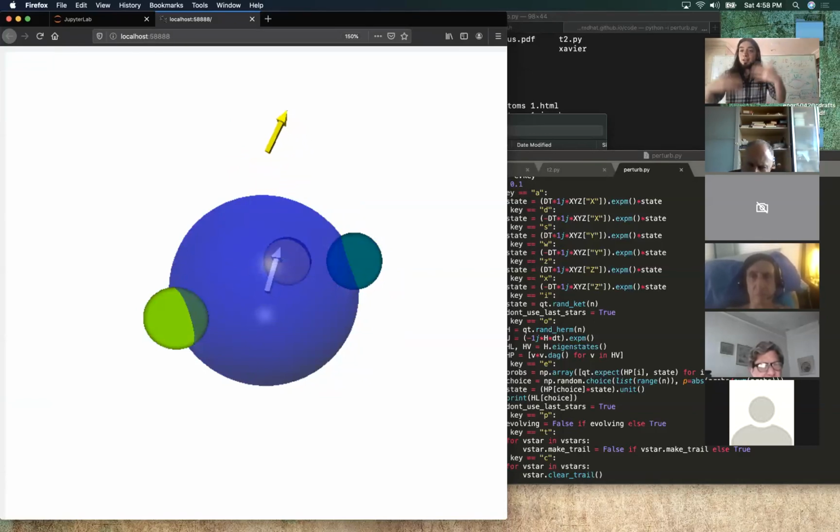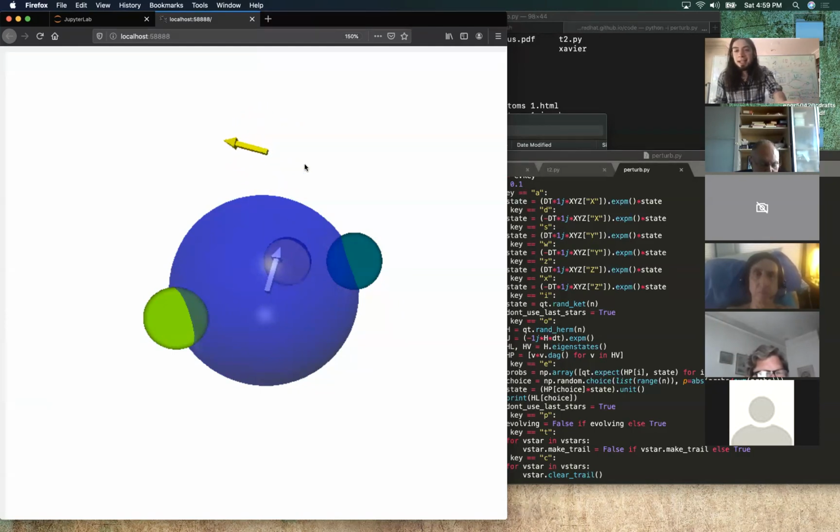Except what I've done is I looked at the probabilities and collapsed it with a certain probability into one of those energy eigenstates. And we can see that in an energy eigenstate, the state remains the same, to wit, the constellation remains the same. And all there is is a little phase evolution.